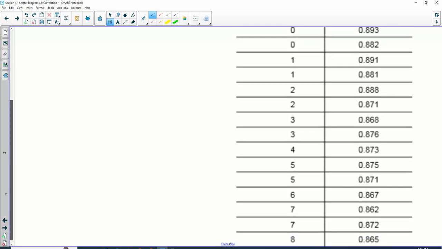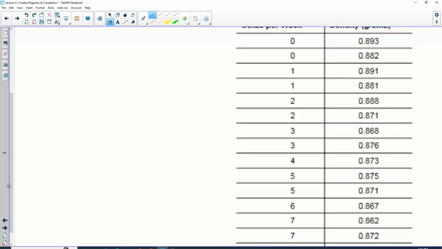So I definitely don't want to do this by hand, so let's put it all in our calculator, L1 and L2.